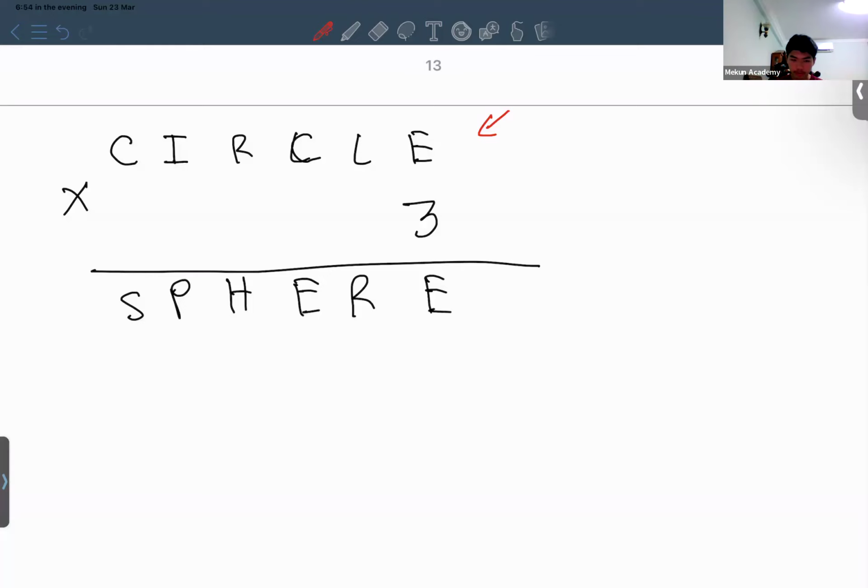For this scenario, you can just assume E equals to 5. If E equals to 5, then 5 times 3 equals to 15, so this E is 5 also. So you can say that E equals to 5 because it satisfies what we're finding. So from this, you can replace all the E's with 5.